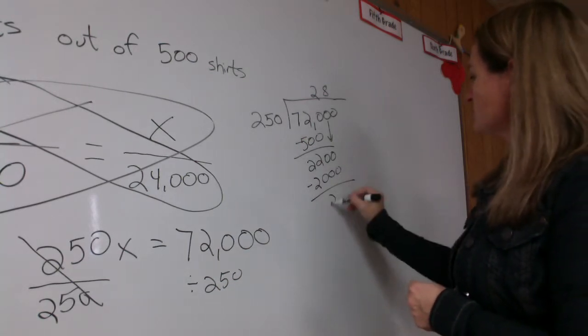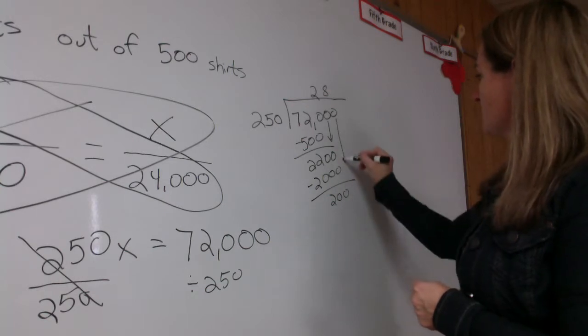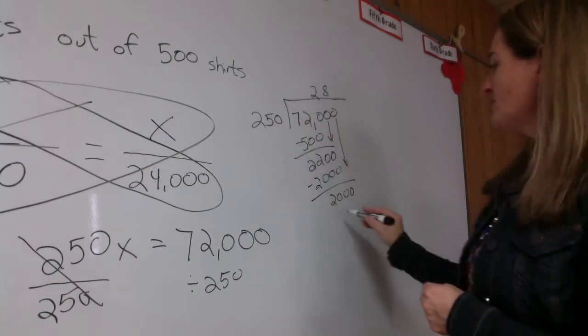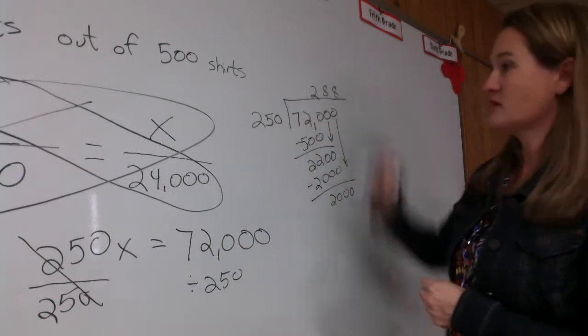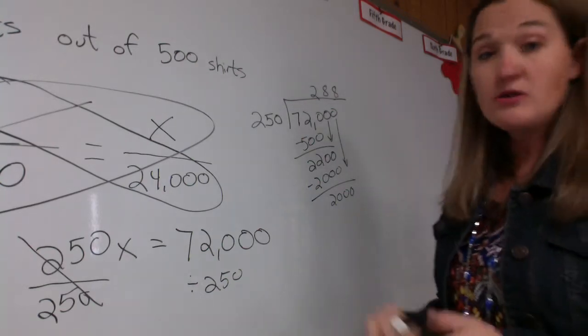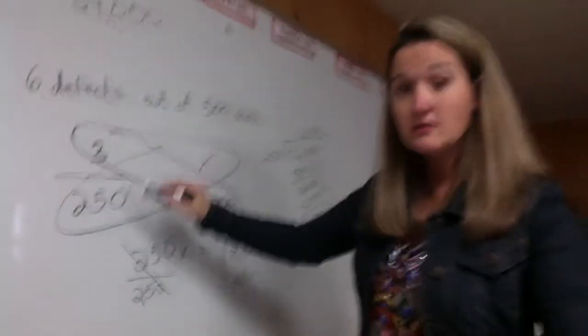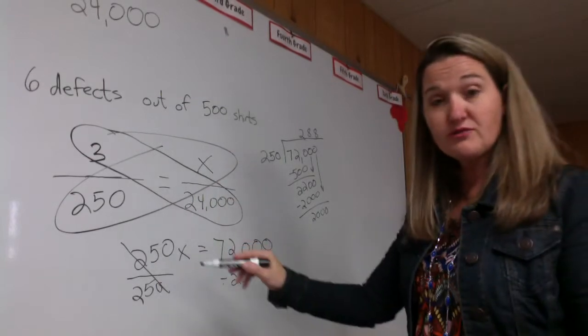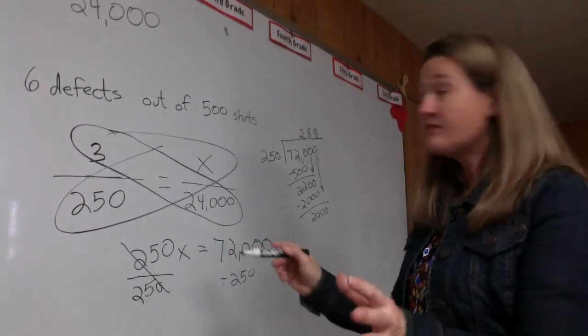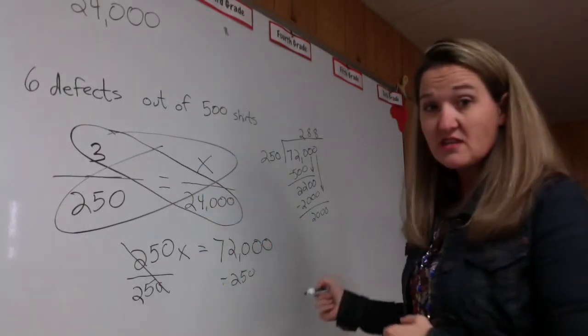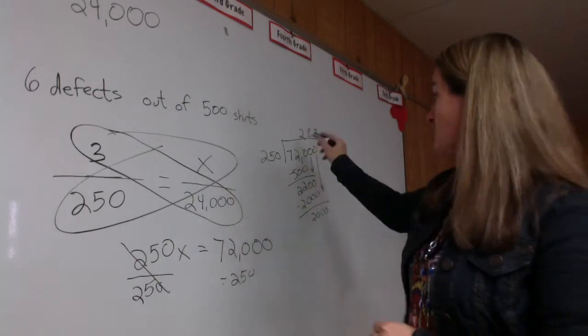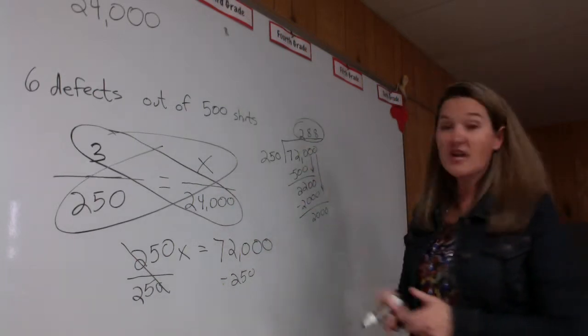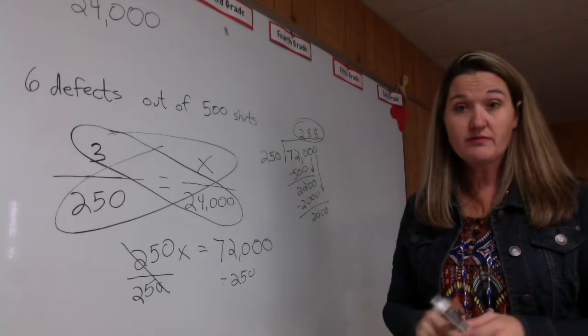Bring down that other 0. 250 goes into 2,000 8 times. So my answer, using this probability, since 3 out of 250 shirts sampled were defective, I can predict that out of 24,000 shirts, there's going to be 288 shirts also defective.